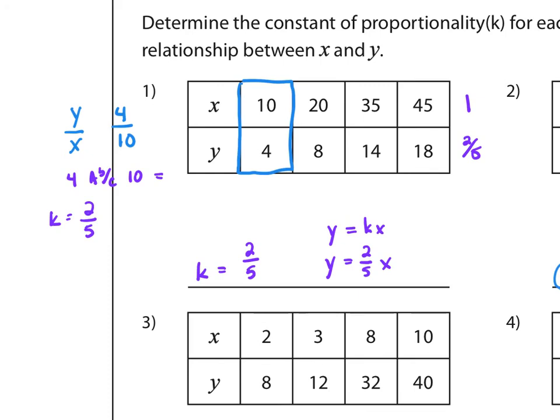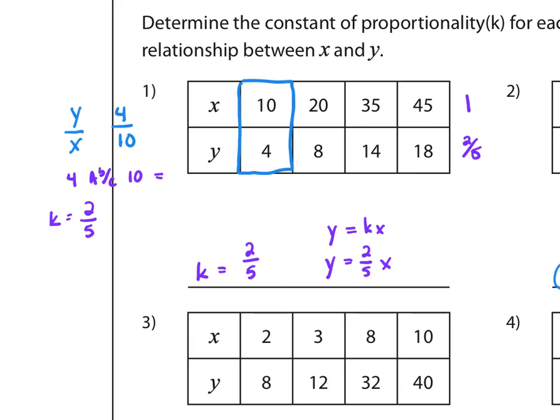So once again, let's see if this actually works. Using your calculator, would you please enter 2ABC5, and let's go with the first value of x, times 10, because side by side means multiply. When I have 2/5 next to x and I'm using this first x, it means to multiply. And when I press equals, I indeed got 4 back.